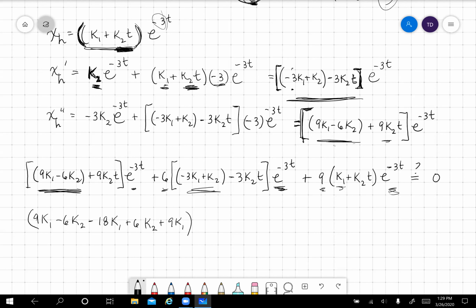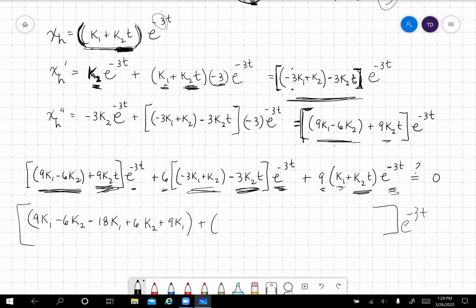Then I have the terms that multiply the t. Now all of these still multiply e to the minus 3t. Don't worry about that. But now I'm going to go to the t terms. That one, and that one. So let's see what we have.